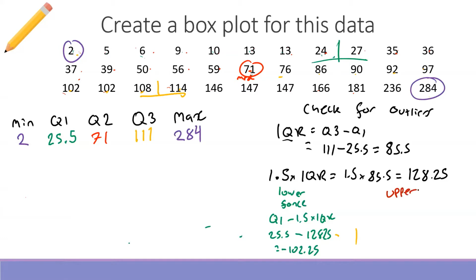The upper fence is the same game, but instead it is Q3 plus 1.5 times the interquartile range. Q3 in this case was 111 plus 128.25, which gives us 239.25.